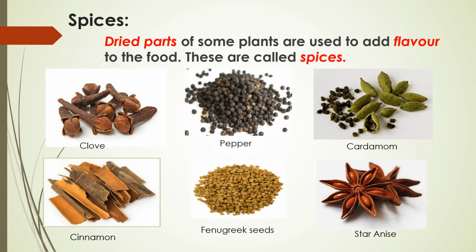And star anise we also call star masala in our local language. Clove is called nuang in our local language. Okay, so these are some of the different types of foods that we get from plants. I hope I have made you clear about different types of foods that we get from plants.